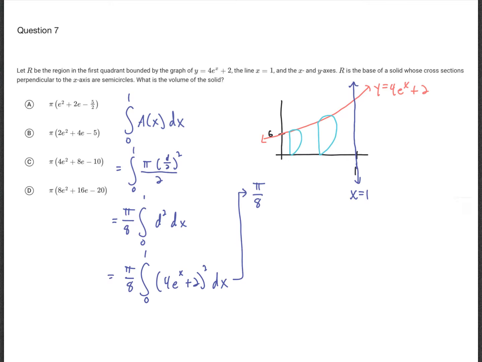Next thing is we'll have to square this out to get the antiderivative. Still before taking the antiderivative, we'll square this first term. So 4 squared is 16, and e to the x squared is just e to the 2x. This is 16 e to the 2x.